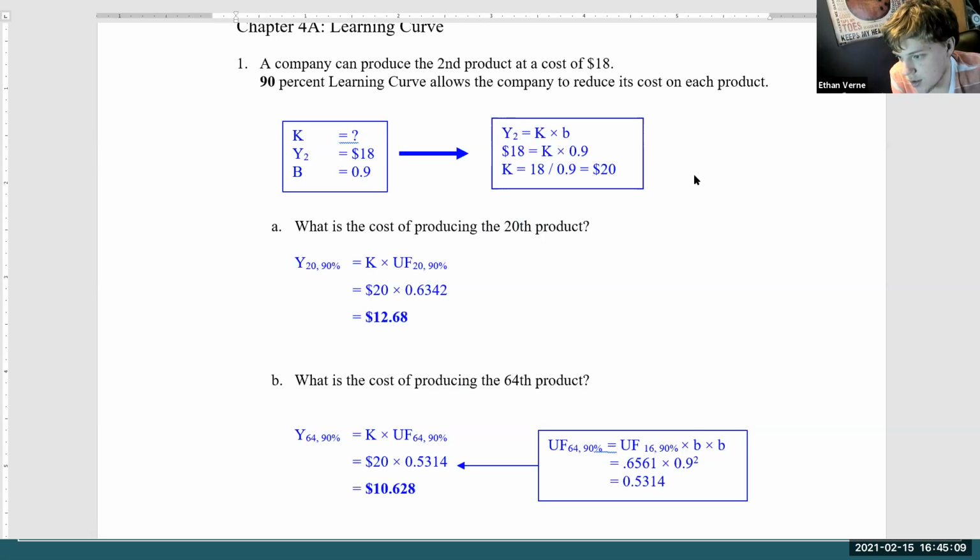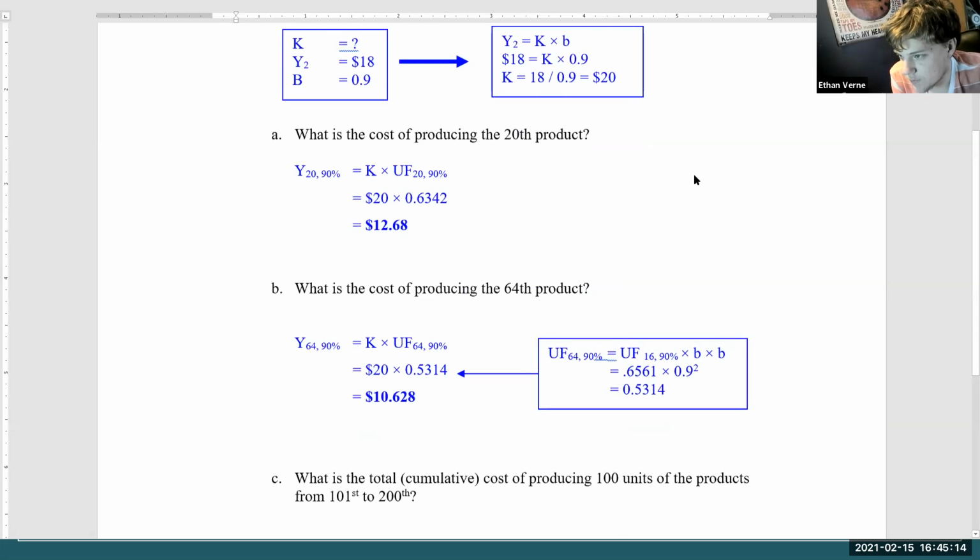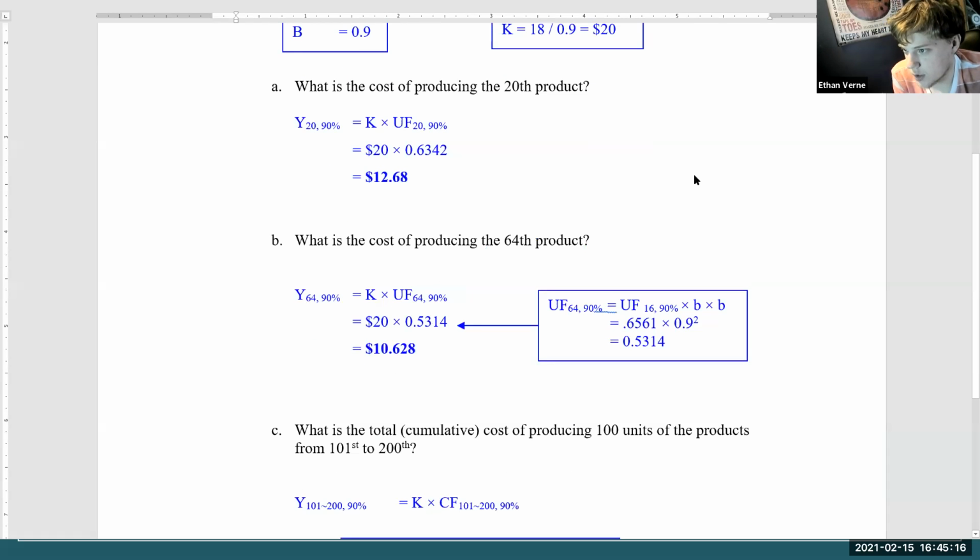Why is the unit factor 16 multiplied by B squared?